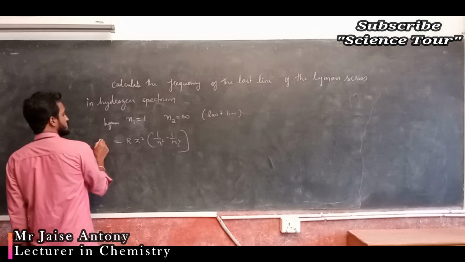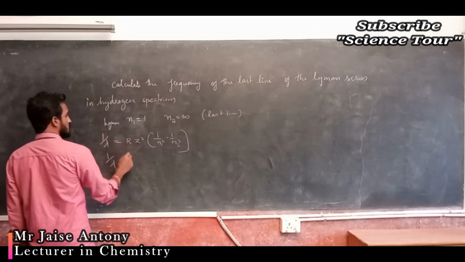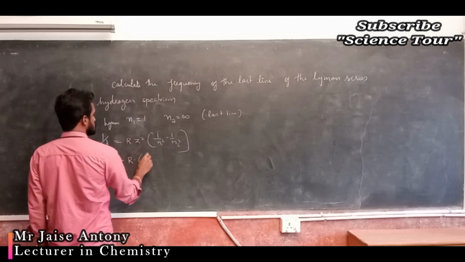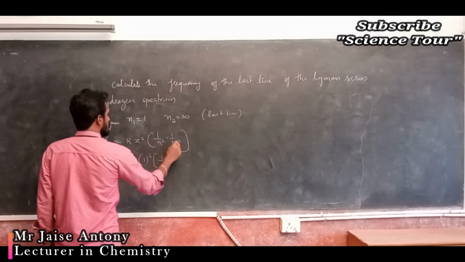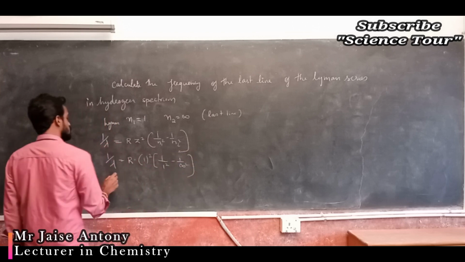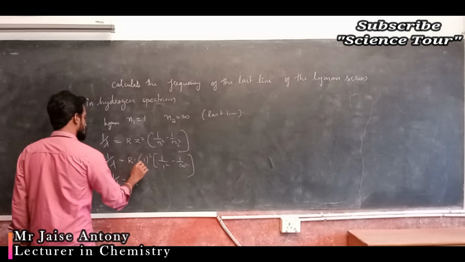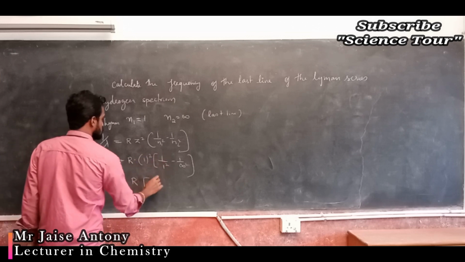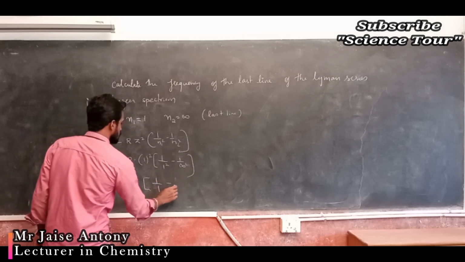Here, 1 by lambda is equal to R, and I will substitute R later, and Z square is 1 square. 1 by N1 square means 1 by 1 square, and 1 by infinity square. This gives 1 by lambda is equal to R into 1. 1 by 1 square is 1, and 1 by infinity square is 0.